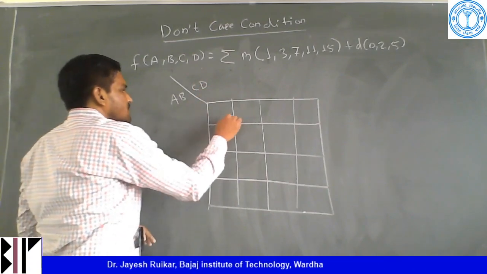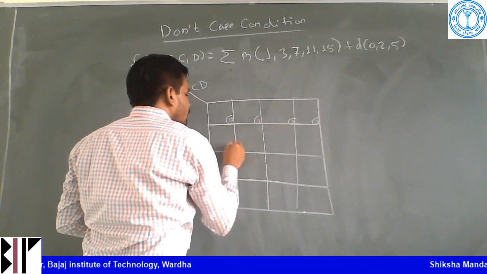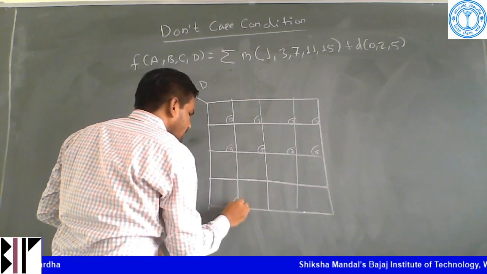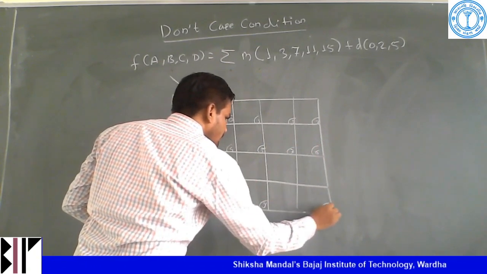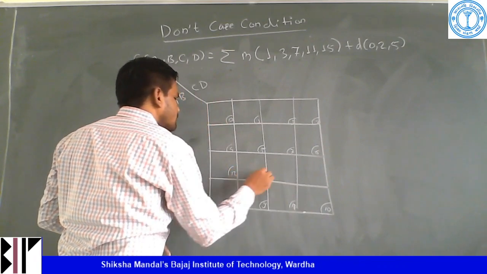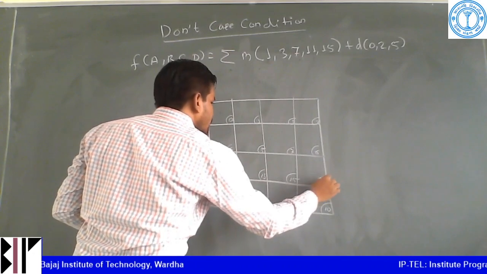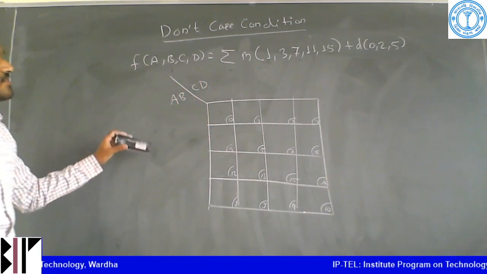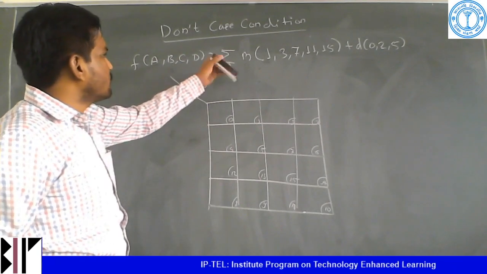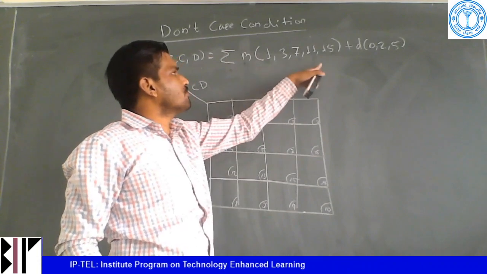So this is my 0, 1, 2, 3, 4, 5, 6, 7, 8, 9, 10, 11, 12, 13, 15, and the last one is 14. Right, so I have numbered all the cells, and then I have to put, since this is small summation m, a 1 for each appropriate min term.